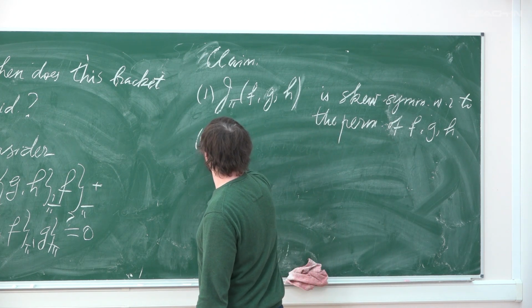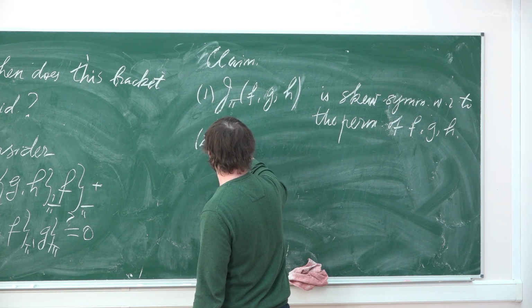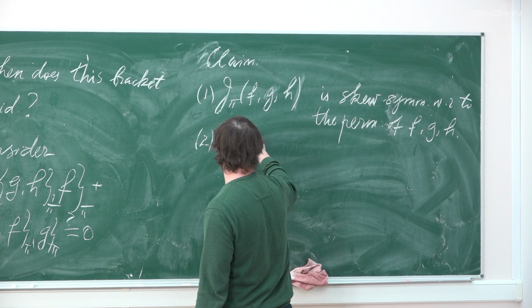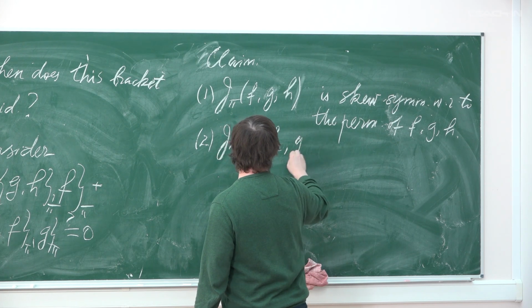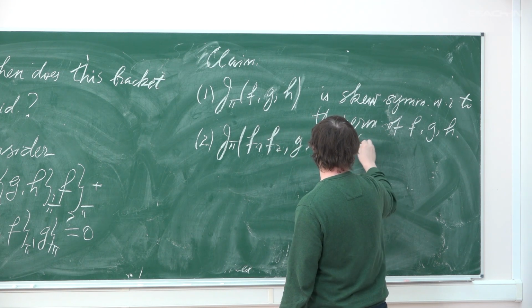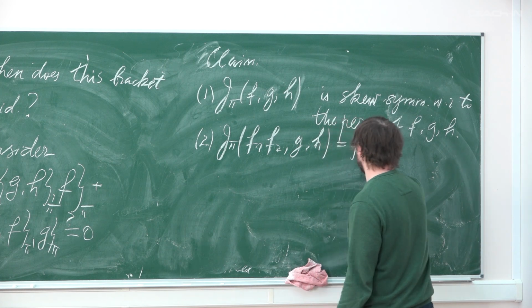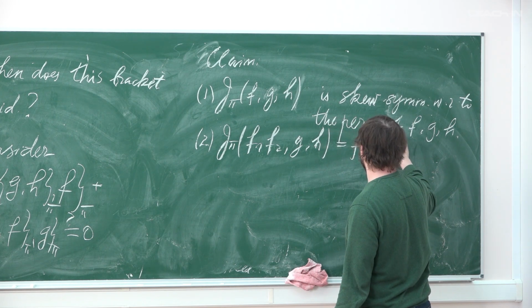And then also, a bit more complicated but still evident, is the claim that this Jacobiator verifies the Leibniz rule with respect to any of its arguments. Well, from the first part, it follows that if you prove it for some argument, the same will be true for all arguments.